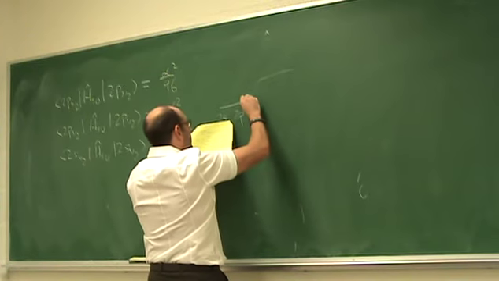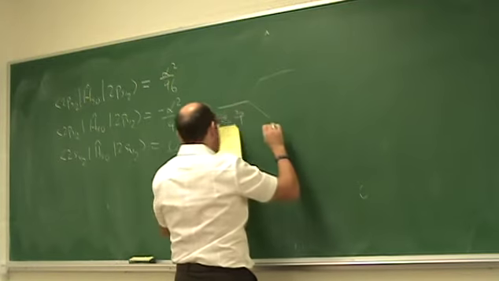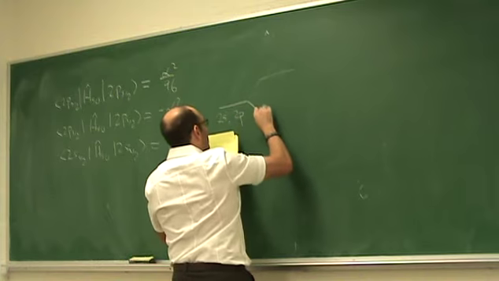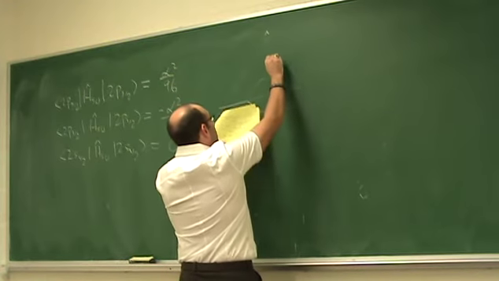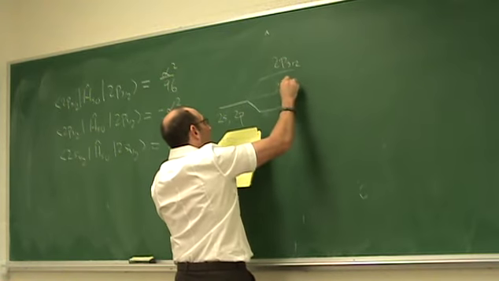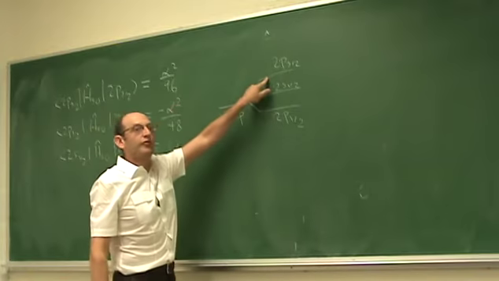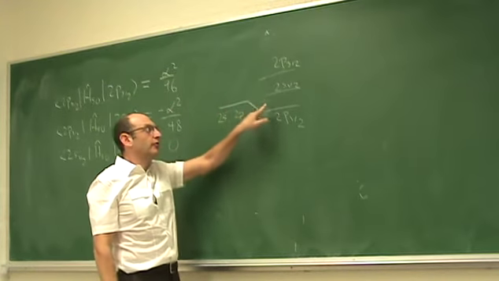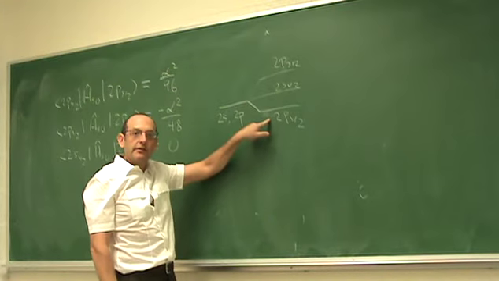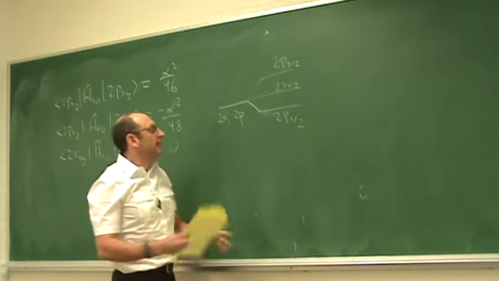Now, instead of m sub l's and m sub s's, we have j's and m sub j's. We have 4-fold degenerate here, 2-fold degenerate here, 2-fold degenerate here. 8 states. This is with spin orbit.